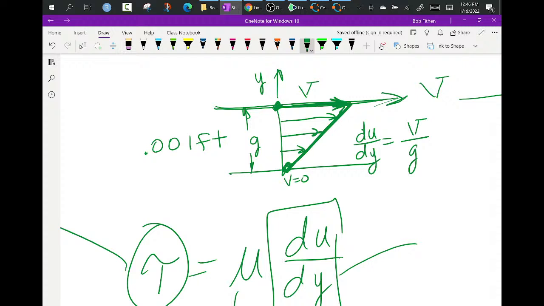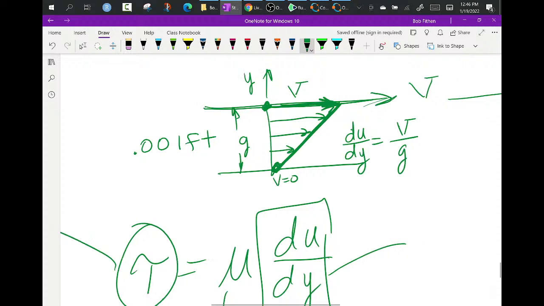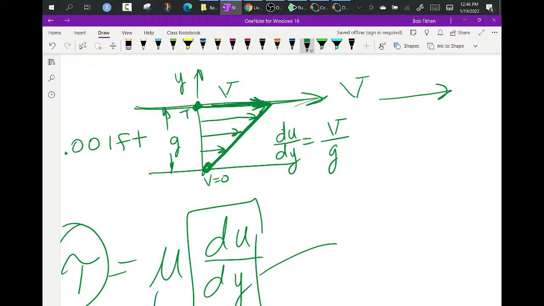And that's it. Now, again, you could look at it another way. You could pick this as the top and this as the bottom, and say velocity of the top minus velocity of the bottom over the distance, and this is where your coordinate system starts. So here's your origin. The y at the top is g, minus y at the bottom, which is 0.